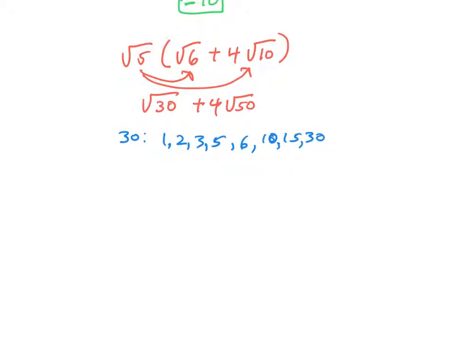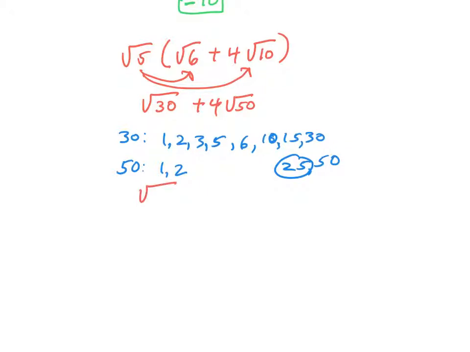But what about 50? So let's try 50. It's 1 and 50, 2 and 25, and I'm going to stop there because 25 is a perfect square. So we're going to split this second term, 4 times the square root of 50, and we're going to make it into 4 times the square root of 25 times the square root of 2.